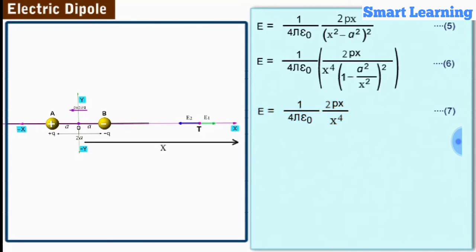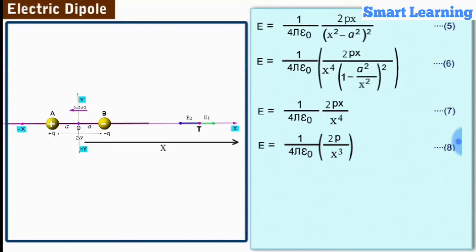Let us label it as equation 7. This can be further simplified as E is equal to 1 by 4 pi epsilon naught into 2p by x cube. Let us label it as equation 8.